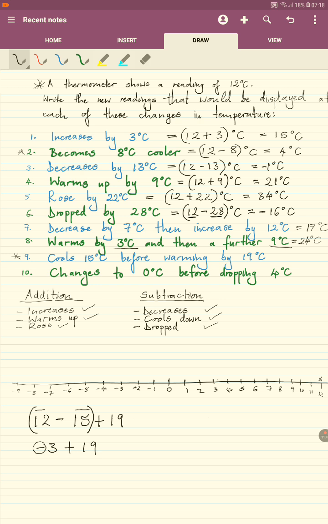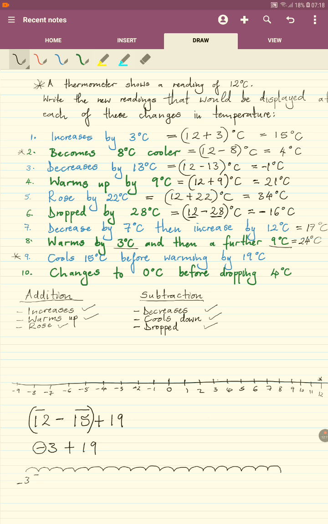So you just put minus 3 there and you count 19 times going to the right. That's 1, 2, 3, 4, 5, 6, 7, 8, 9, 10, 11, 12, 13, 14, 15, 16, 17, 18, 19.